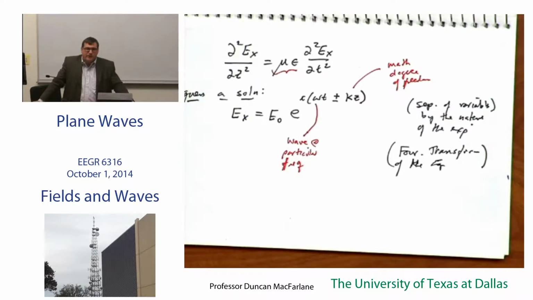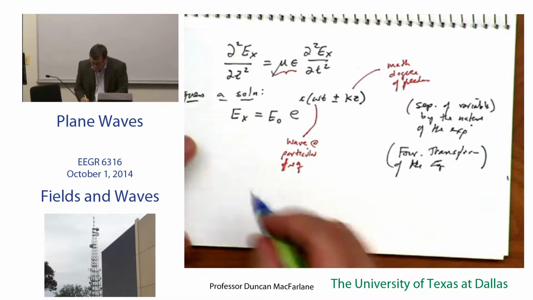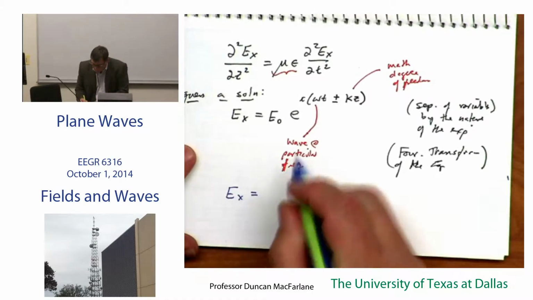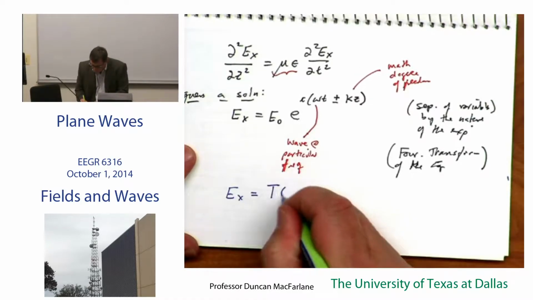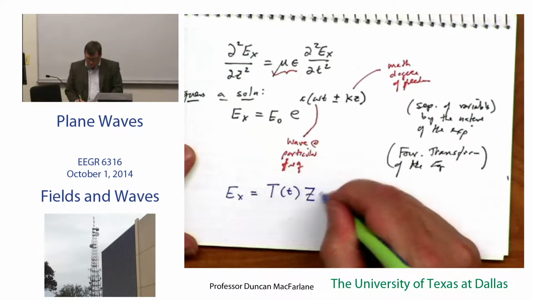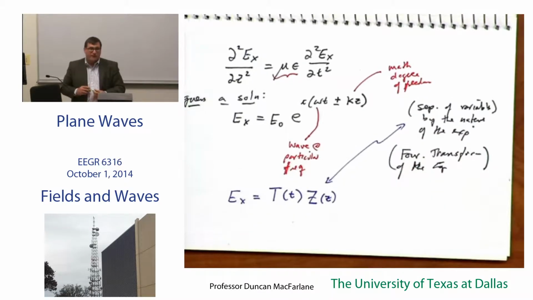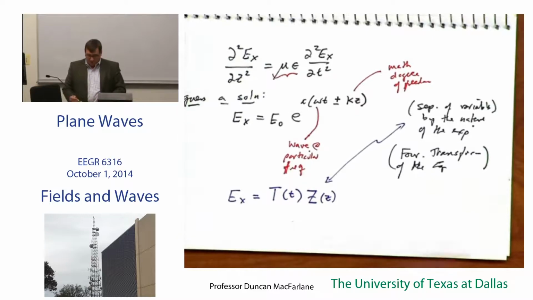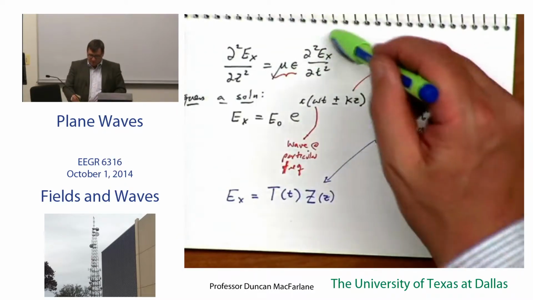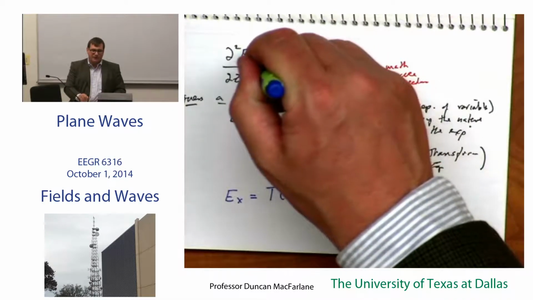Another way to do this is, because it's a partial differential equation, we try separation of variables. And so we can see that this guess is of the form a function that's purely of time and a function purely of z. And that's what I mean by separation of variables. If we do that and substitute in, then all the time response is going to be on one side and all the z response is going to be on the other side.